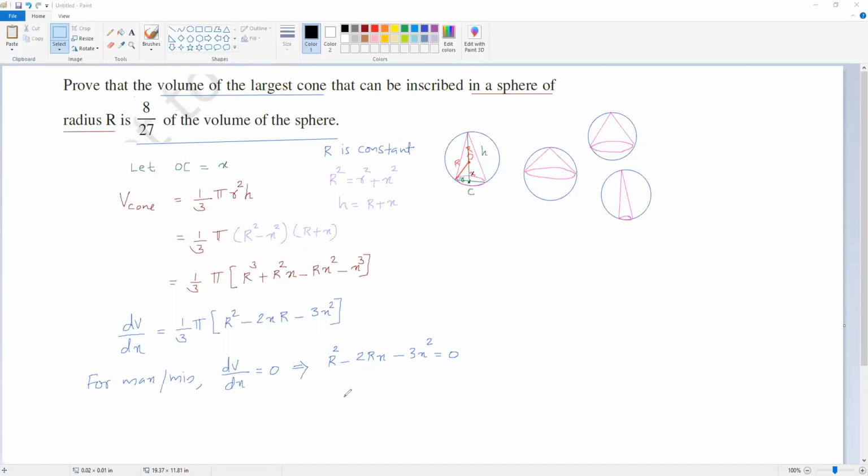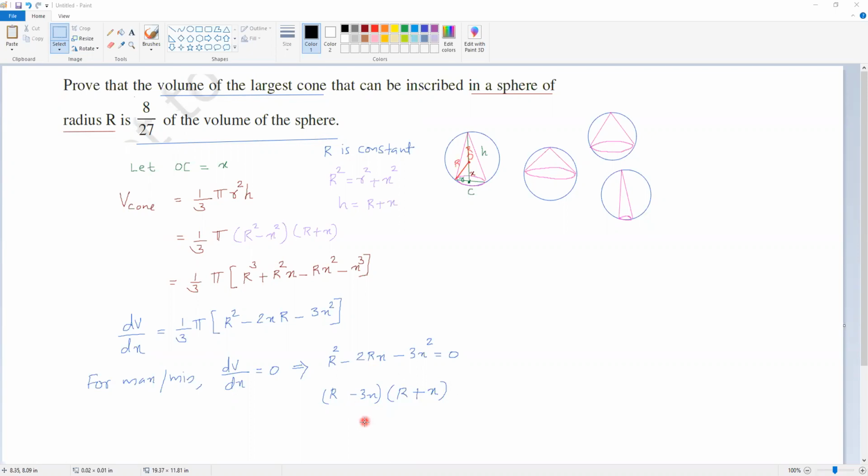So you can factorize, like it is r plus something into r plus something, because r into r gives r square, and the product of the last two terms should be -3x squared, so you have to check it. So it could be -3x and +x, otherwise +x and -x, we have to check. So check: rx minus 3rx, so minus 3rx plus rx is minus 2rx.